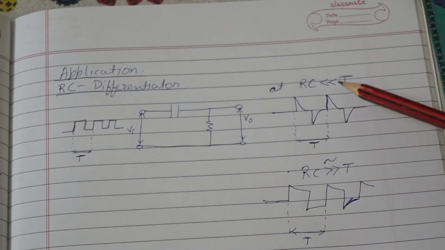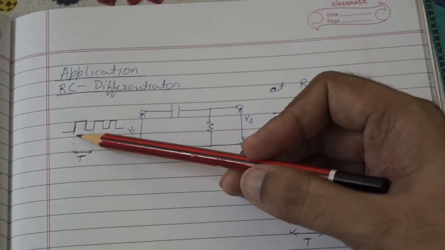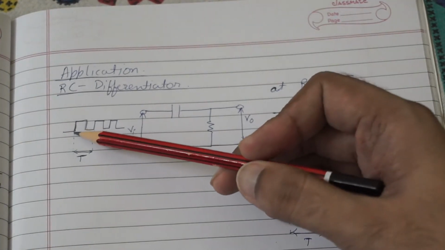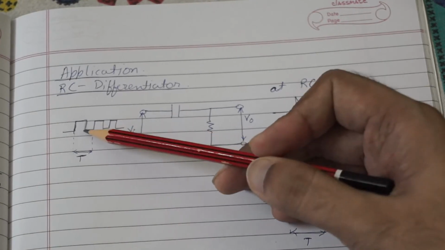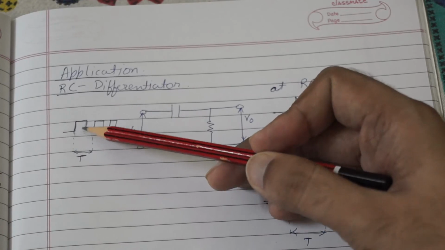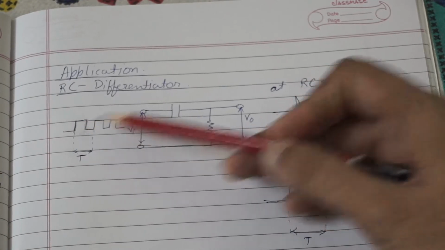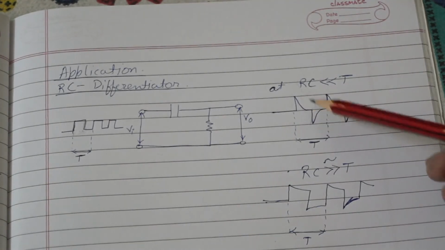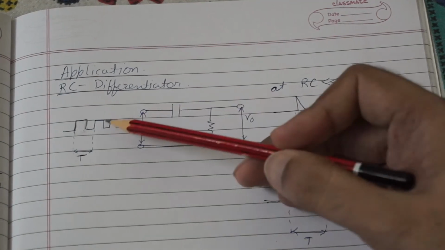If our time constant is very much lower than the input time interval, that is, very low compared to the on time of the square wave, we will get this spiky nature, and this also creates an impulse response for this signal.